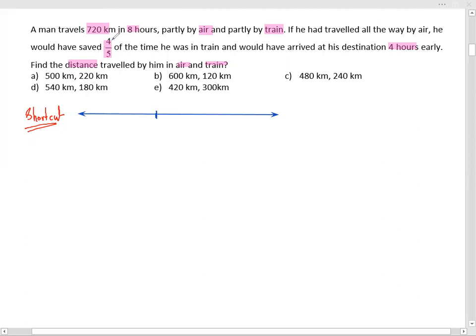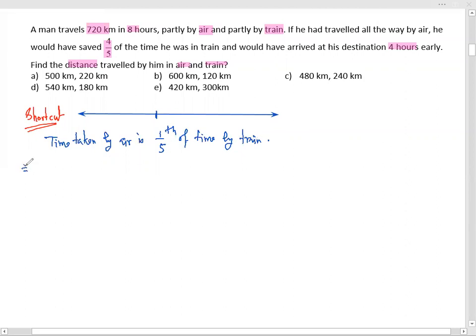I can find four-fifths of his time saving. So time taken by air is four-fifths less. That means one-fifth of time by train. Rest of the distance, whatever moved by air, remains the same. So only saving is this part. So this information is leading to: time taken by air is one-fifth of the time taken by train.